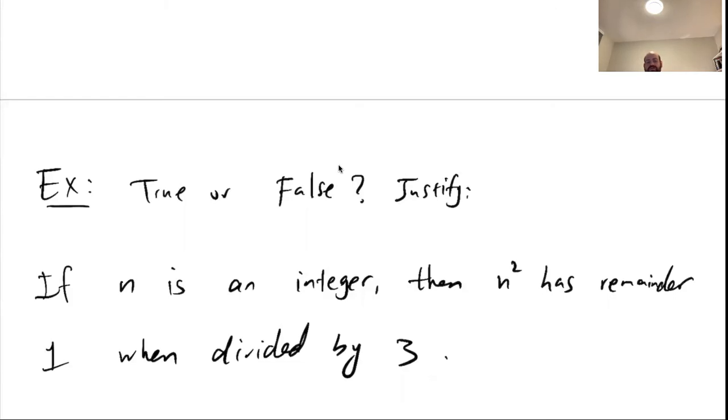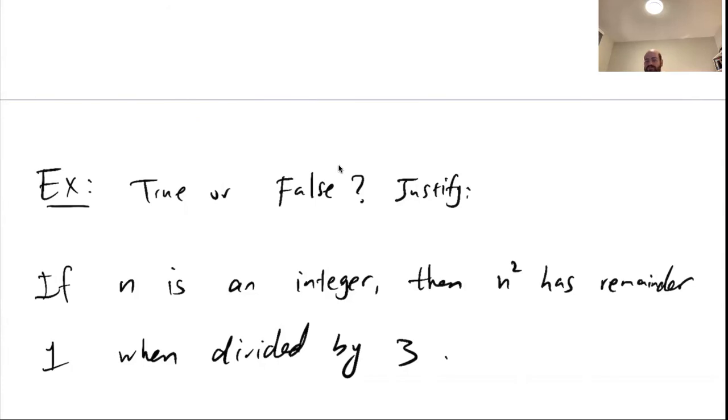If you remember, we said the very first thing you can do in this type of example, to know whether it's true or false and also to get some ideas, is to think about some simple examples. My only assumption here is that n is an integer, so I'm allowed to consider any integer I want. Then I have to look at n squared, whether it has remainder 1 when divided by 3 or not.